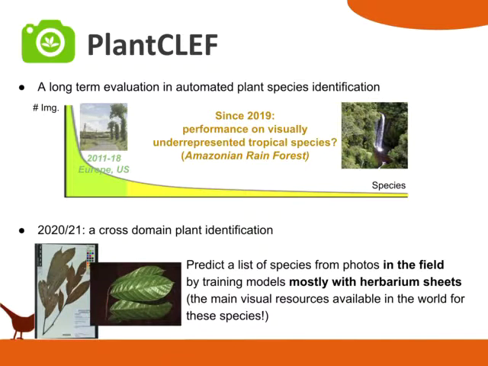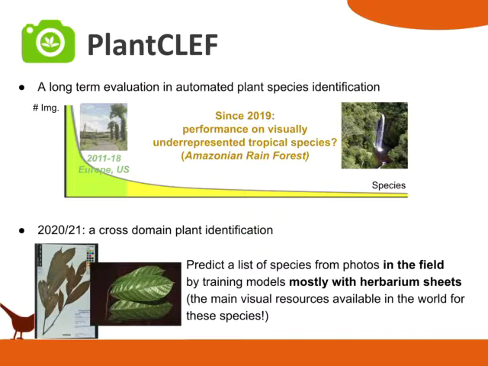So let's go into the details of these challenges, starting with PlantCLEF. PlantCLEF is a long-term evaluation of automated plant species identification since it started in 2011. During the first years, it was mainly oriented towards improving identification on species for which we had a lot of data, so basically in Europe and in the US.